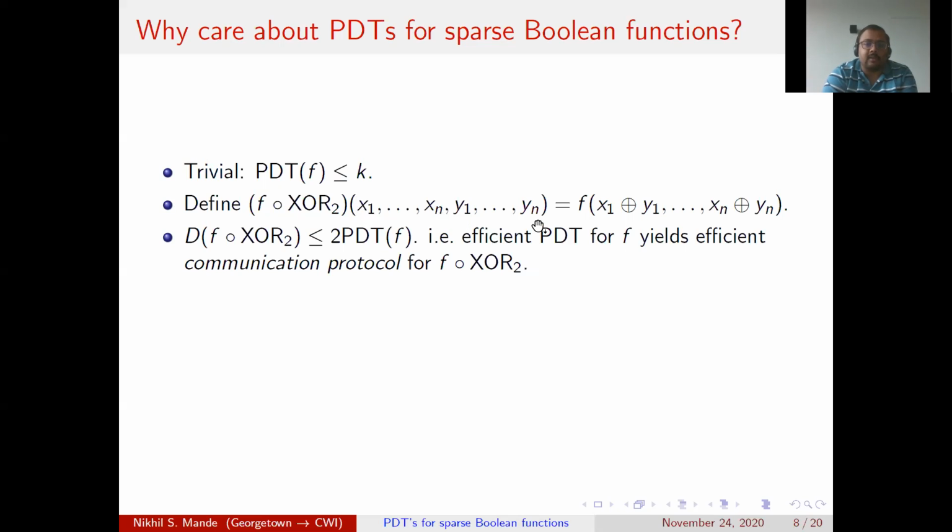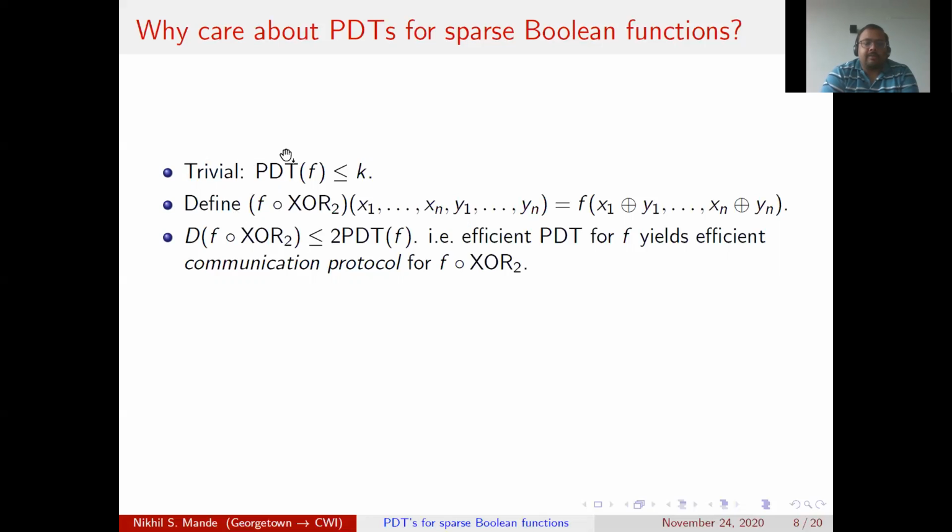Bob holds an n-bit string y1 to yn. And they wish to compute the value of f on the bitwise XOR of their inputs. And they wish to minimize the amount of communication amongst themselves to do this. Trivial solution is Alice can just send all of her inputs to Bob and Bob can compute. So that's n bits of communication, and ideally we want to get as little communication as possible.